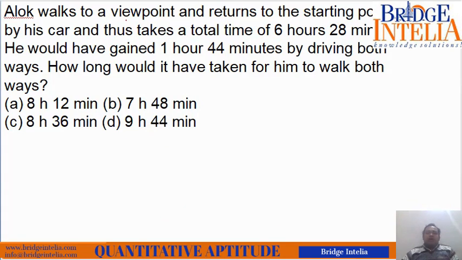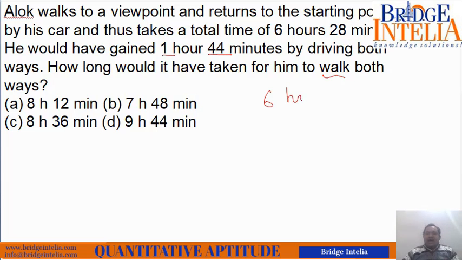Alok walks to a viewpoint and returns to the starting point by his car, and thus takes a total of 6 hours 28 minutes. He would have gained 1 hour 44 minutes by driving both ways. How long would it have taken for him to walk both ways? Same concept. What you are gaining, now you have to add that.